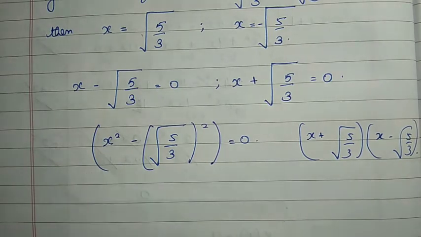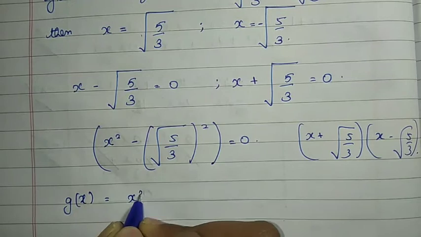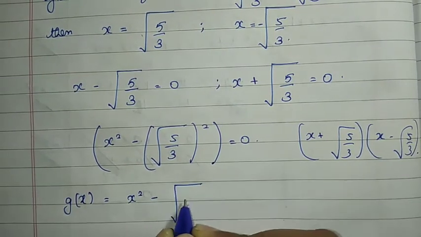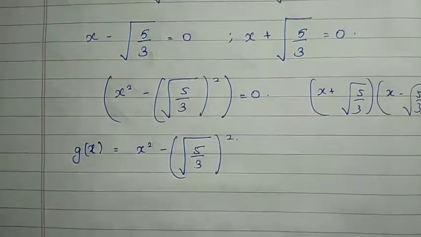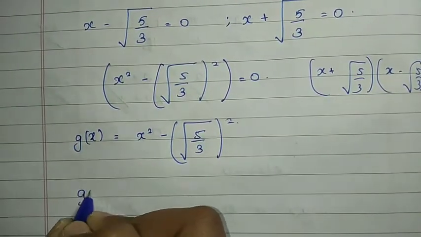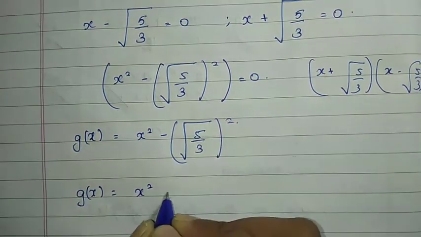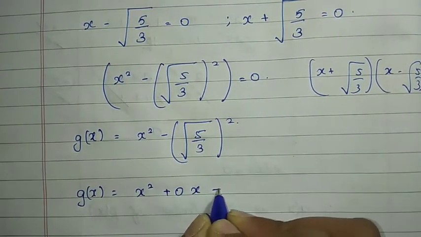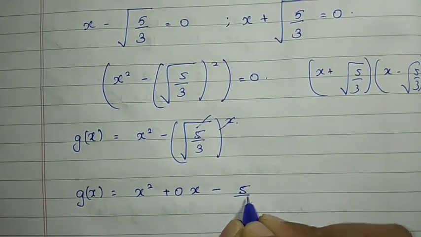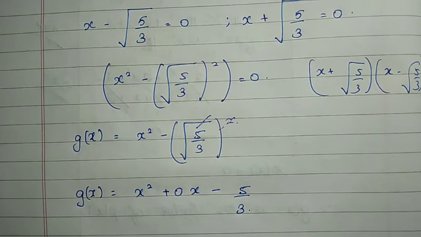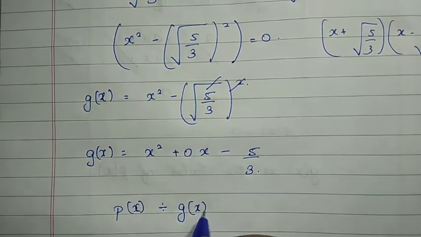So I will say let my g of x be x² − (√5/3)², that is g of x is equal to x². I don't have an x term, so plus 0x, minus this, and the root will get cancelled, so 5/3. Now I will divide p of x by g of x.